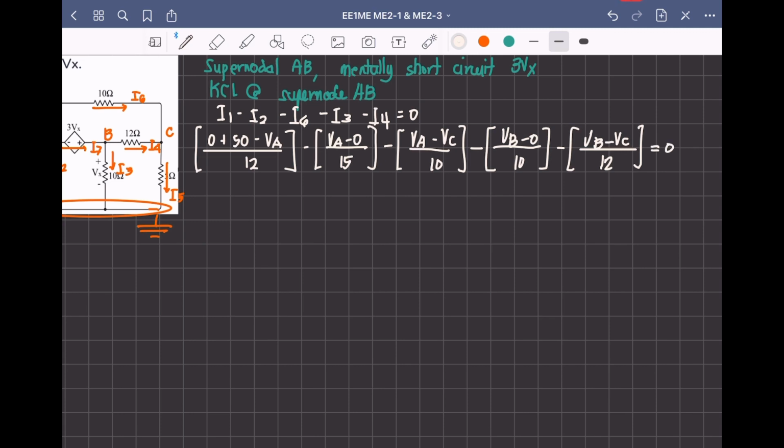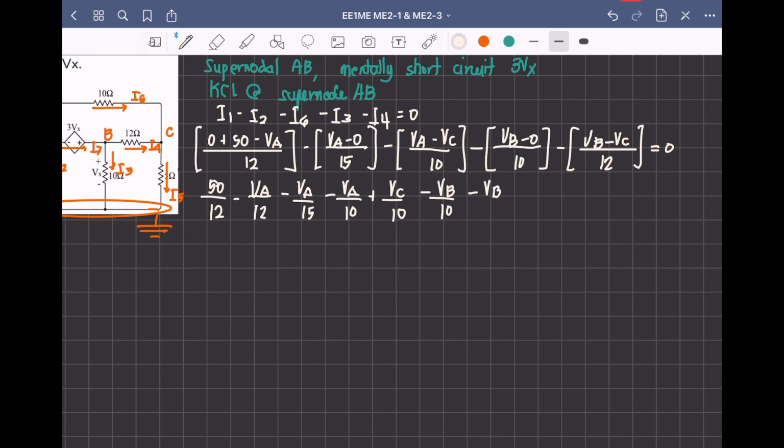Okay? The next thing we're going to do is, of course, expand the equations we've made. So, we'll start with 50 over 12 minus VA over 12 minus VA over 15 minus VA over 10. Don't forget to distribute. So, negative, negative, positive na si VC over 10. Then, we have negative VB over 10.